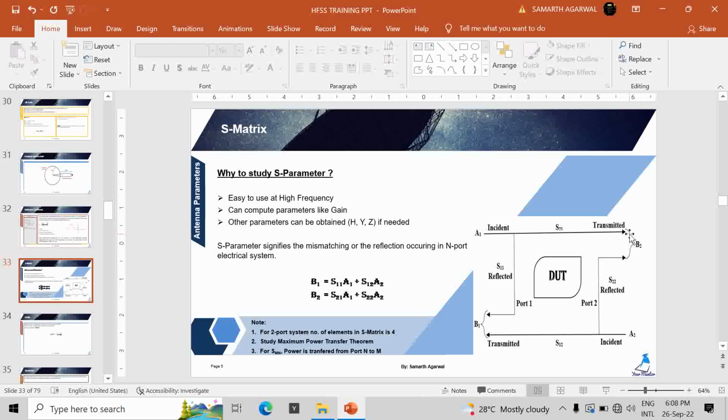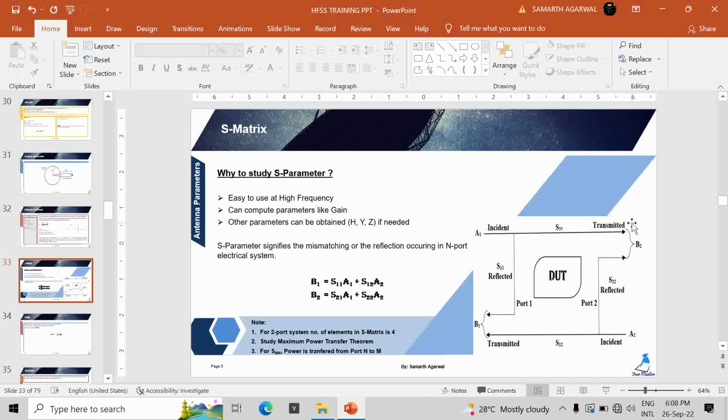Now this S12 will also be there, where from port 1 to this B1 is transmitted. From port 2 to port 1, one more energy is coming, and port 1 to 2 we are giving.